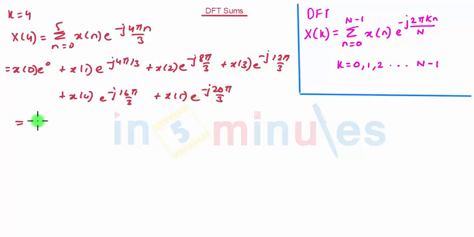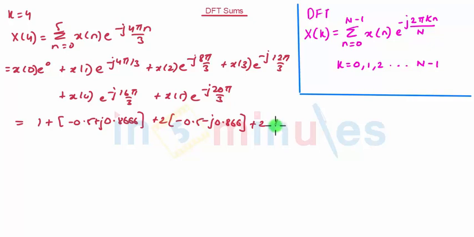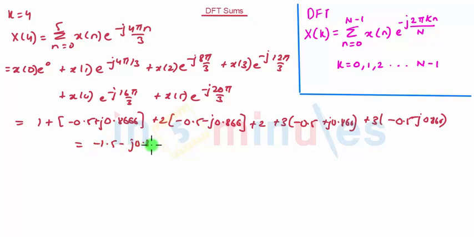We solve these terms, so it comes out to be 1 minus 0.5 plus j 0.866 plus 2 into minus 0.5 minus j 0.866 plus 2 plus 3 into minus 0.5 plus j 0.866 plus 3 into minus 0.5 minus j 0.866. So it comes out to be minus 1.5 minus j 0.866.